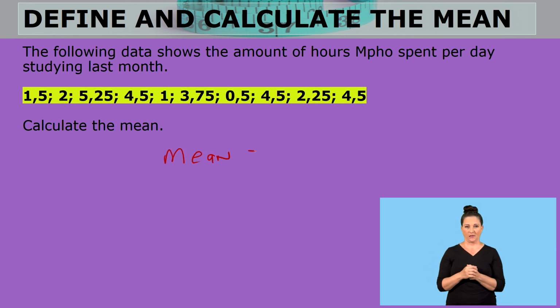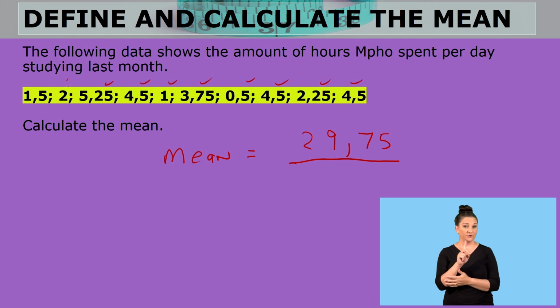If I add up all the values, I get 29,75. And if I count all these values, there's 1, 2, 3, 4, 5, 6, 7, 8, 9, 10 of them. So I'll divide this by 10. And my answer is 2,98 if I round to 2 decimal places. There we go.